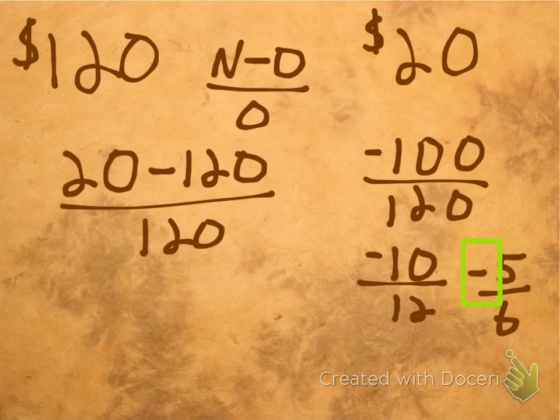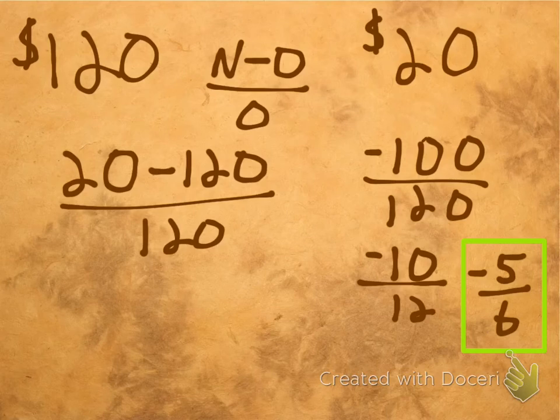Now, I have a negative fraction. Now here's something else you've got to understand about percent change. You're never going to have a negative percent change. Alright, your answer is just going to stay positive. When it's a negative, all that means is that the percent changed down.